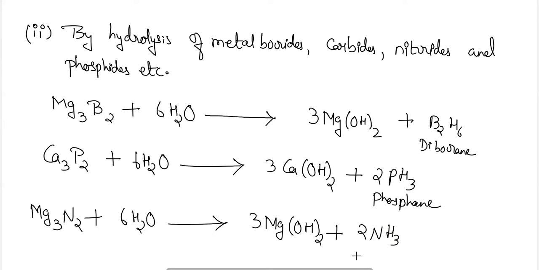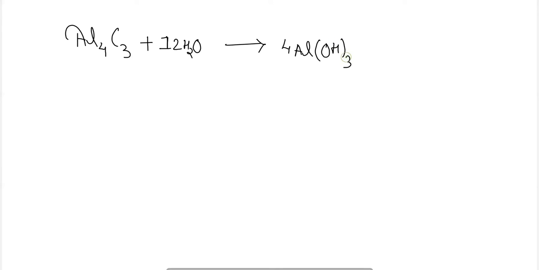Next, the hydrolysis of aluminium carbide forms aluminium hydroxide and methane gas. So this is the process of preparation of molecular or covalent hydrides by the hydrolysis method.